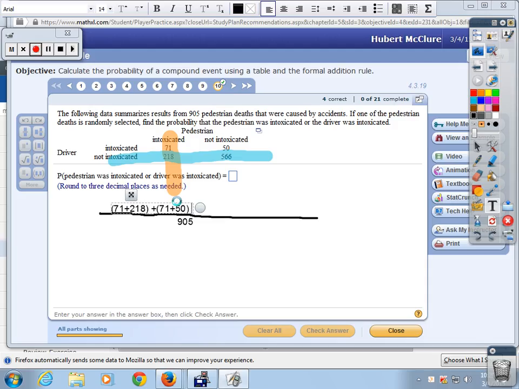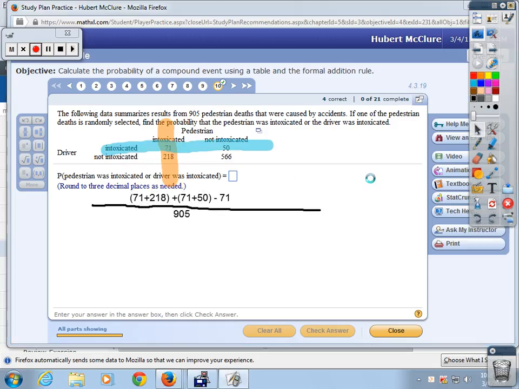And then we're going to minus the overlap. Which is the overlap? 71. So 71 plus 218 plus 71 plus 50, and then minus the overlap.